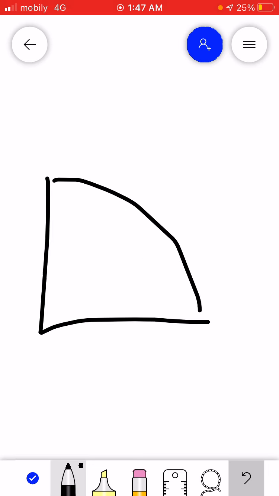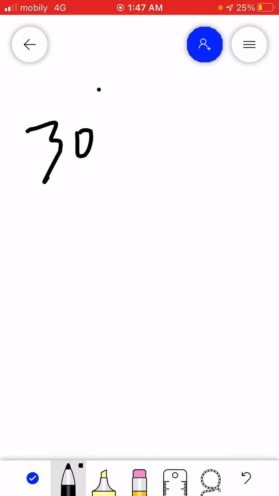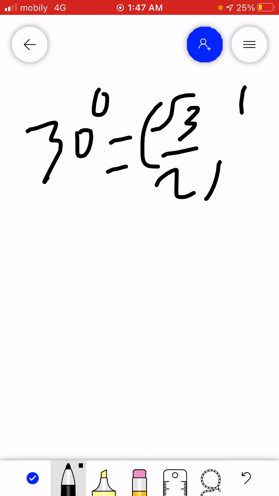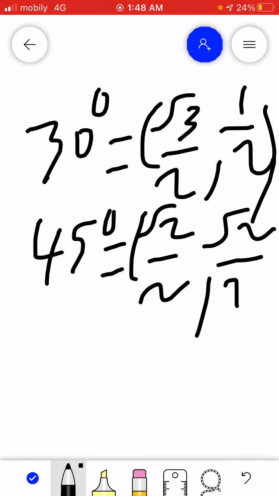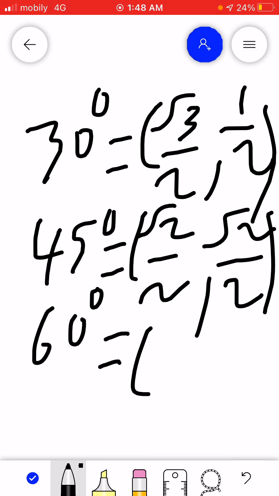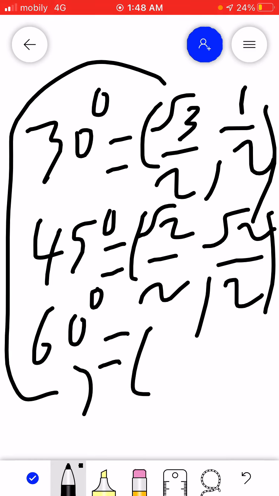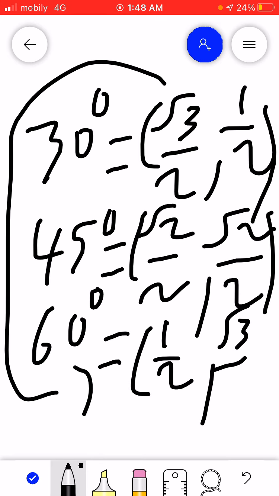So when we say 30 degrees in the first quadrant, it equals root 3 over 2, which is the cosine, and then half. 45 degrees equals root 2 over 2 and root 2 over 2 for the y-axis. 60 degrees equals the opposite of 30 degrees, so it's half for the cosine and root 3 over 2 for the sine.